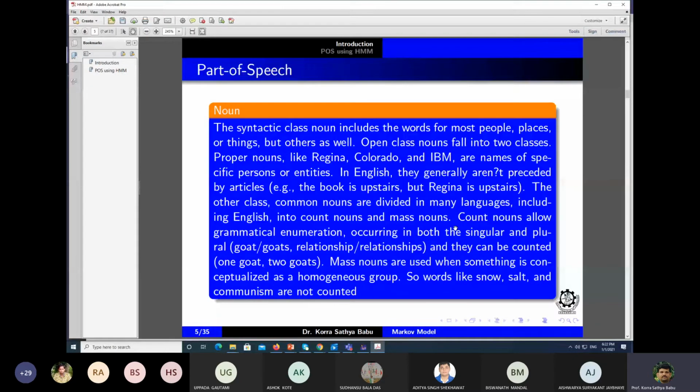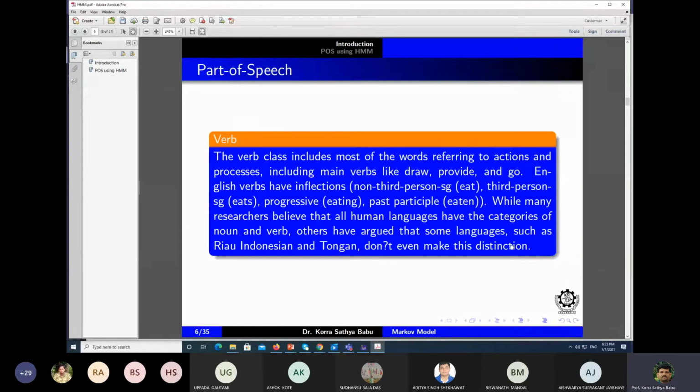The same word in Korean would be a verb, meaning to be beautiful. So what seems like one part of speech in a language may be a different part of speech in other languages.